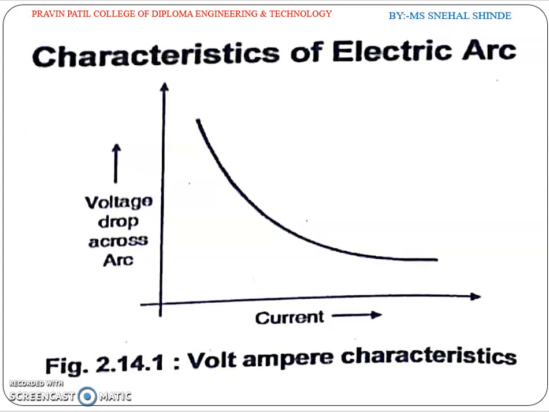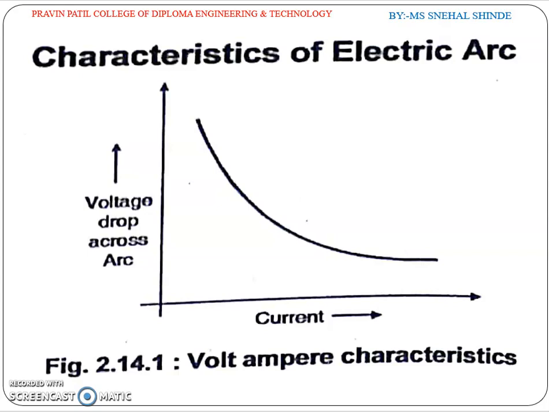In case of AC, a series reactor is used for arc stability. The basic property of the reactor is to oppose the change. So the voltage-current characteristics of the reactor and the electric arc are shown in the figure.